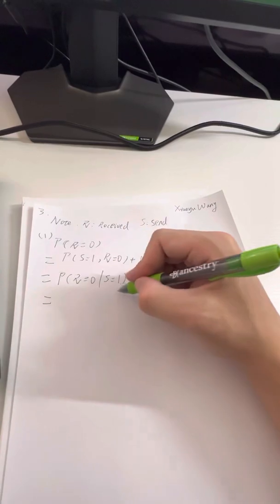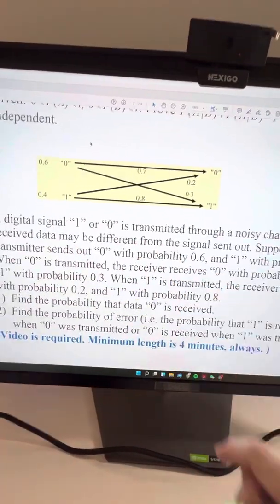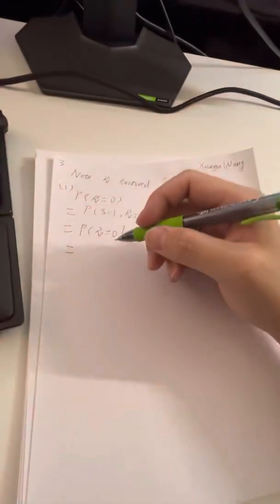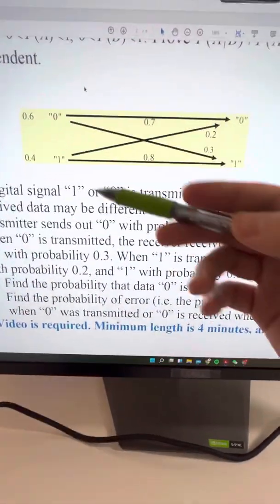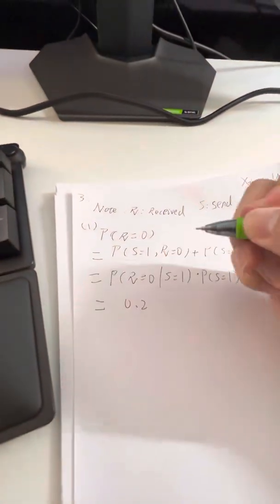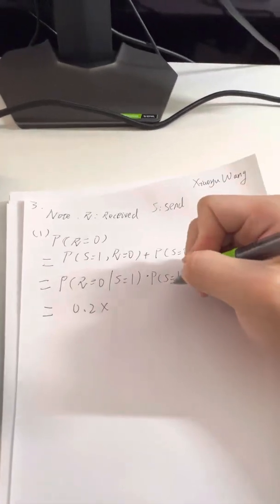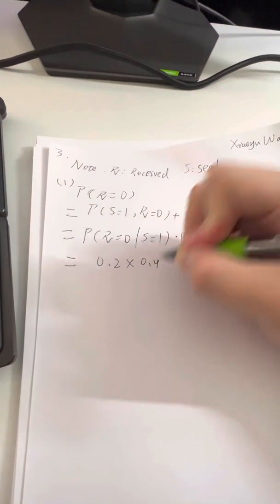And here, for these four parts, we can get the information from this figure. When you send 1 and receive 0, it's 0.2, and the probability you send 1 at the beginning is 0.4.